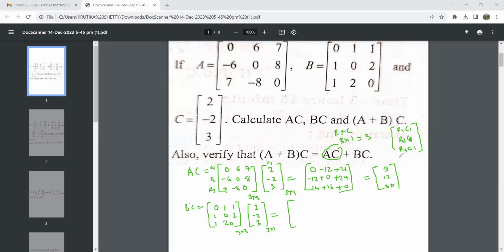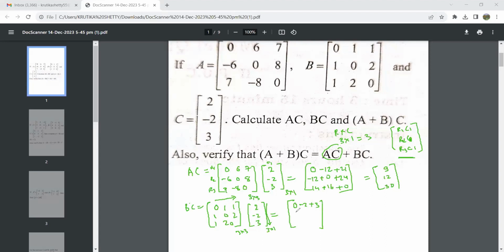So we need to follow the same procedure: R1 C1, R2 C1, and R3 C1. Okay, so same again, multiply the rows with the columns. So see, when we multiply 0, next 1 into minus 2 is minus 2, and 1 into 3 is plus 3.